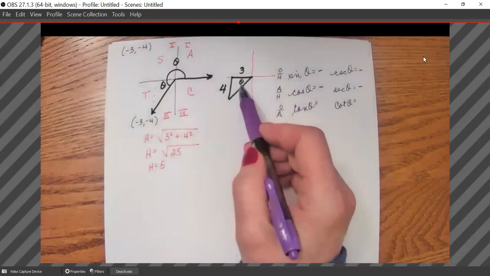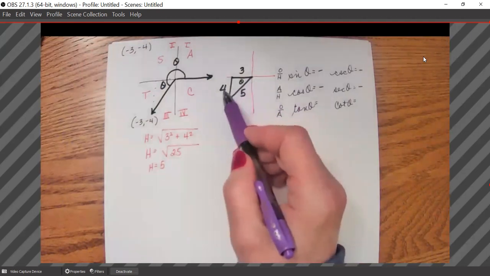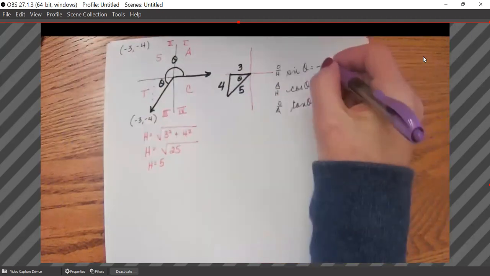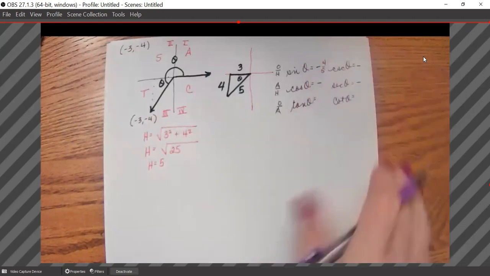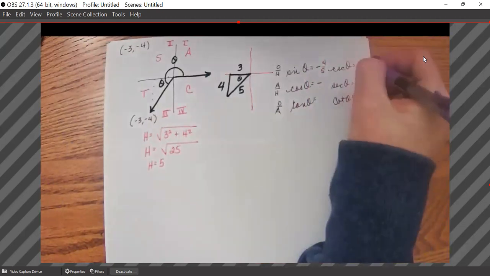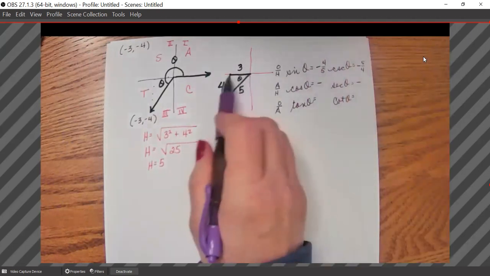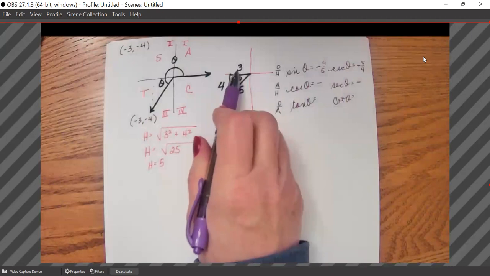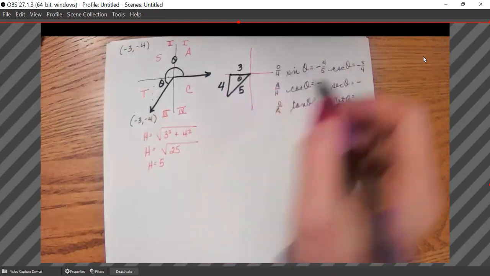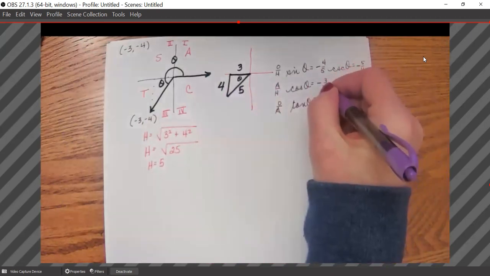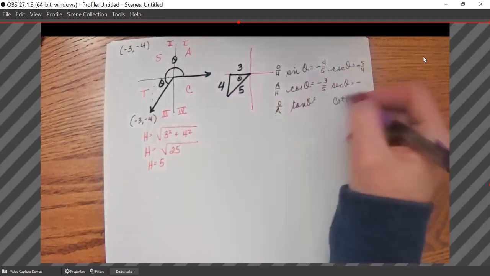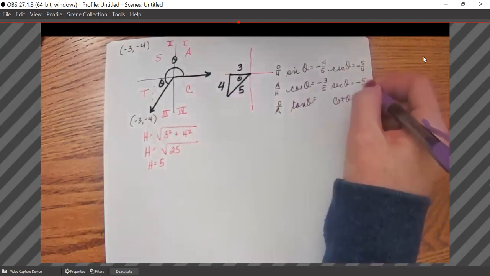Here's my theta. Opposite over hypotenuse is 4/5, which means sine is negative 4/5 and cosecant is negative 5/4. Adjacent over hypotenuse is 3/5, negative because of the quadrant, which is going to make secant negative 5/3.